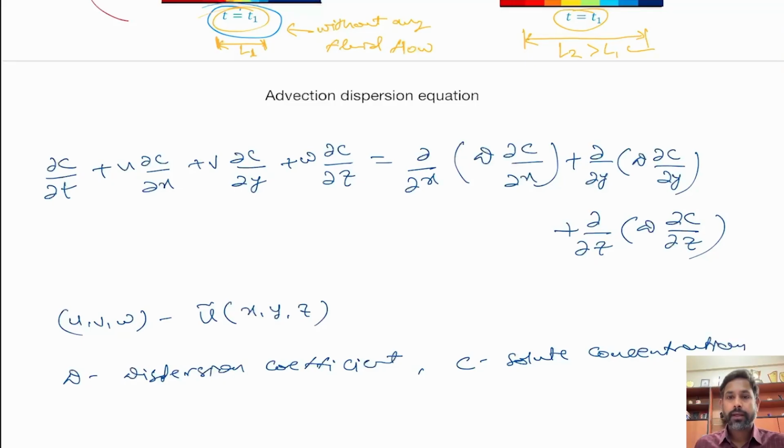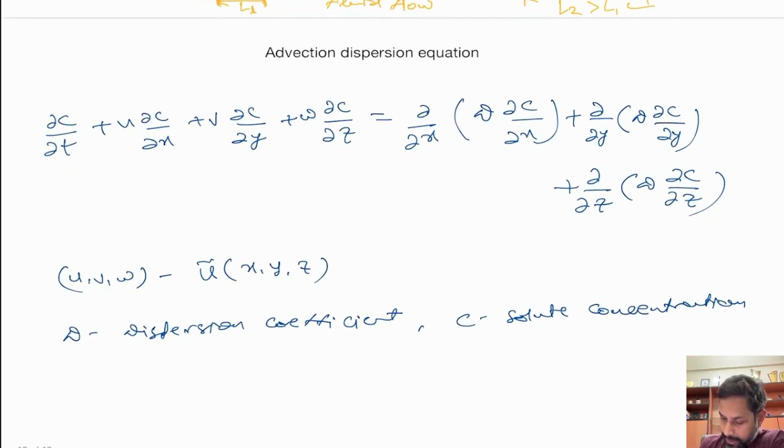Okay, and this D that you see here within this x, y, z coordinate usually is a function of x, y, z. In fact, in this equation, many times these are written as, let's say, if the flow is primarily in the x direction, then this can be called longitudinal dispersion, and this can be called transverse dispersion.